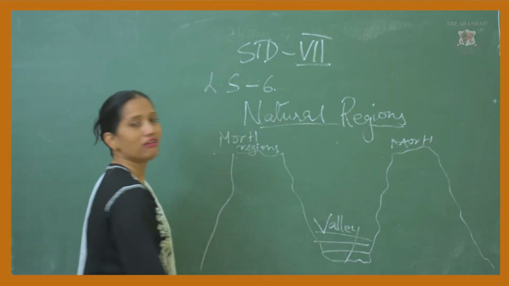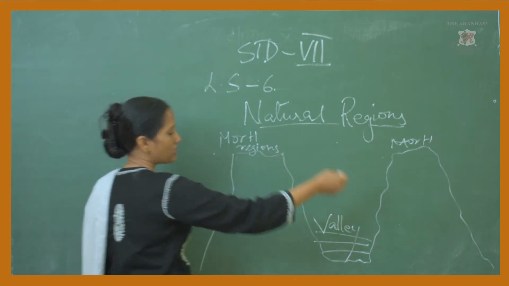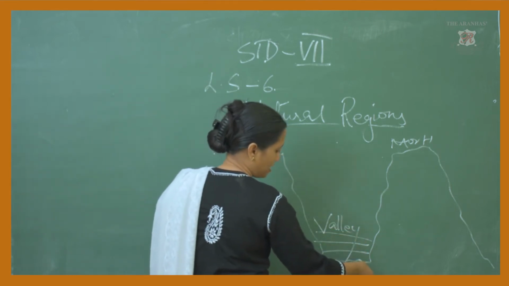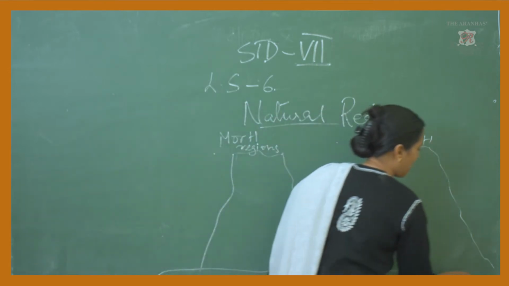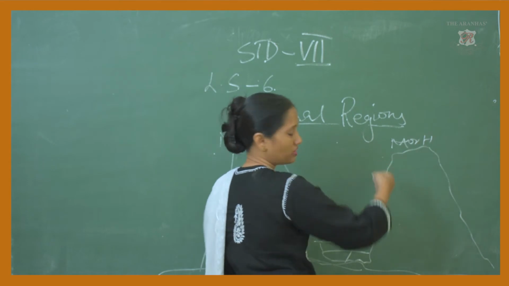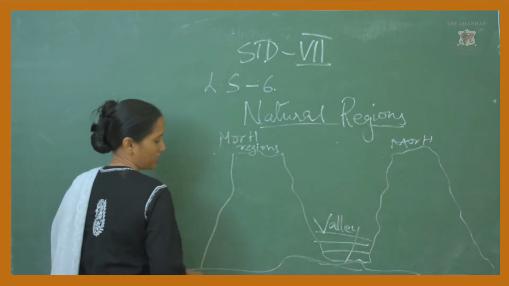So people can live both in the mountainous or the hilly region as well as down in the valley. Because that valley will have all the land, and land of course is there in the mountainous region also, but the difference would be that we'll have water over here.